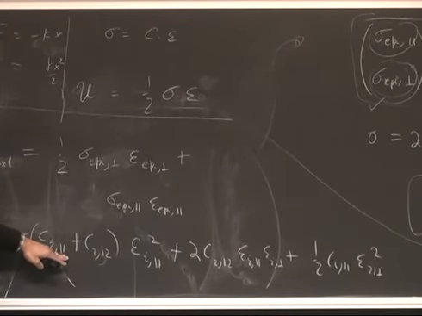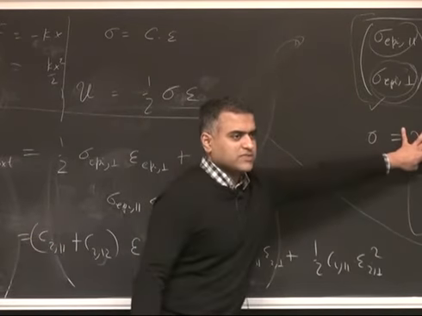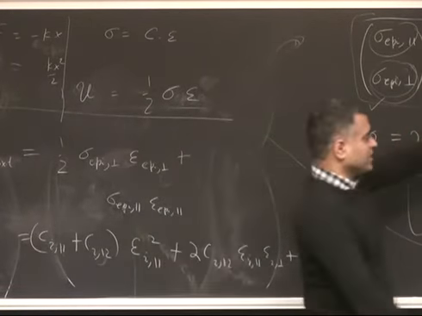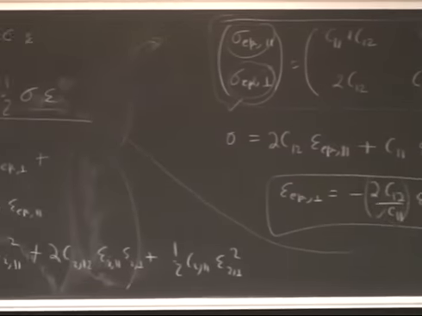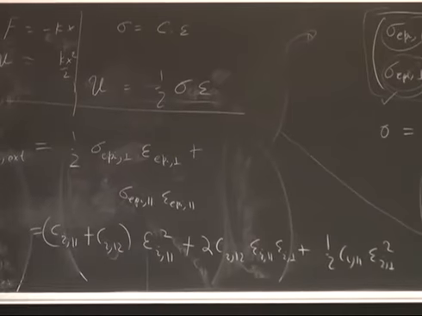Is it clear what we did? Essentially, I just took the formulas that we derived for epsilons and sigmas, all the knowns, and plugged them back in here, right? So this is what you get.